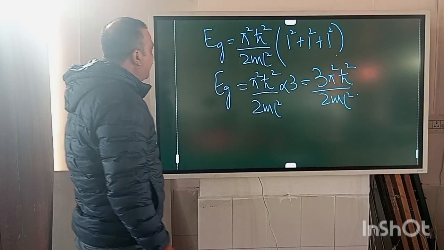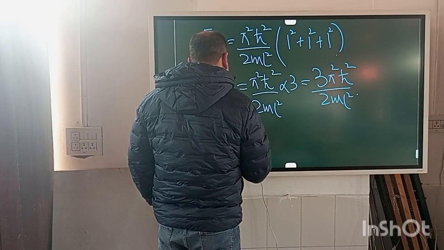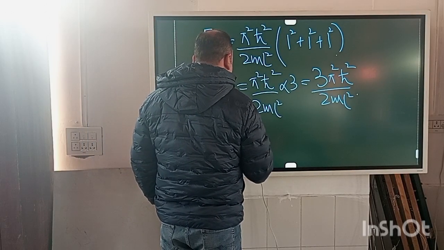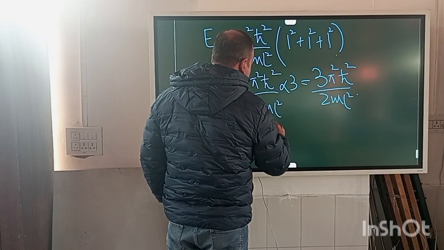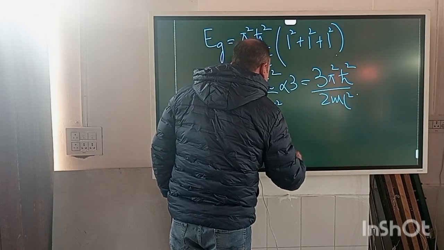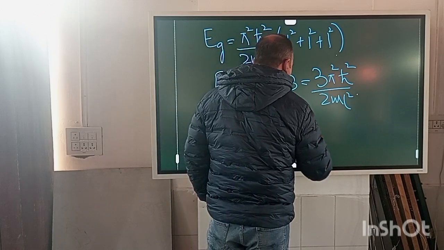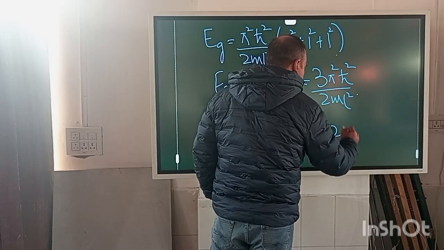Now, in the first excited state, what will be the energy? So I will call that E excited. Let me call it EE. That will be the same thing. Pi square h bar square by 2mL square times 1 square plus 1 square plus 2 square.